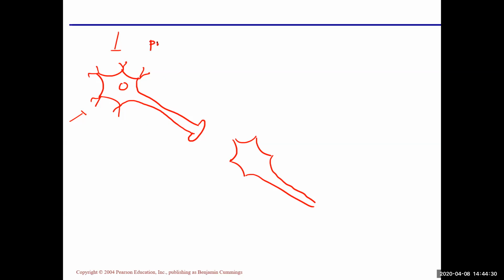So pre means before, synaptic neuron. And the next neuron that receives this communication happens to be postsynaptic. What happens if you have three, or one above that?